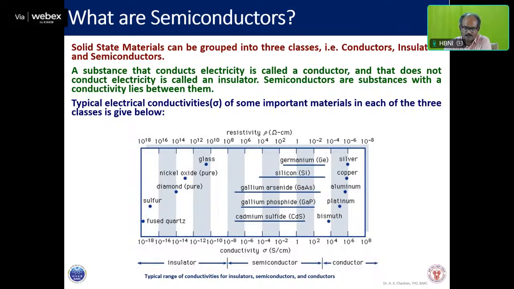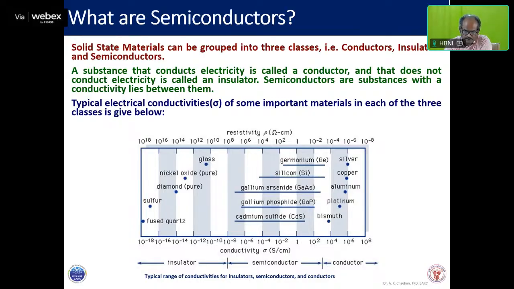However, in semiconductors, as you increase the temperature, their conductivity increases. So semiconductors are those materials for which the electrical conductivity lies between insulators and metals or good conductors, and their electrical conductivity increases with increase in temperature.